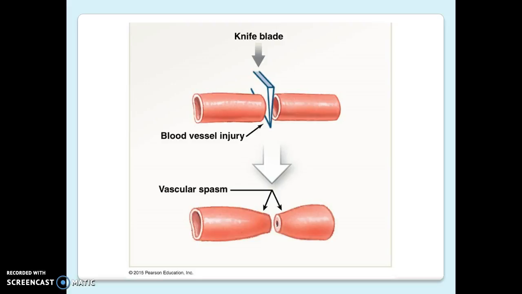Along with that, the endothelial plasma membranes, so when we take a look at the cell membranes of these endothelial cells, they become sticky, which means that as the platelets float by, because they've been attracted by this platelet factor, they're going to stick to the damaged plasma membranes or cell membranes. They've become sticky.